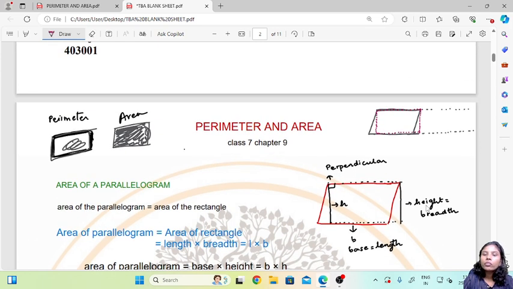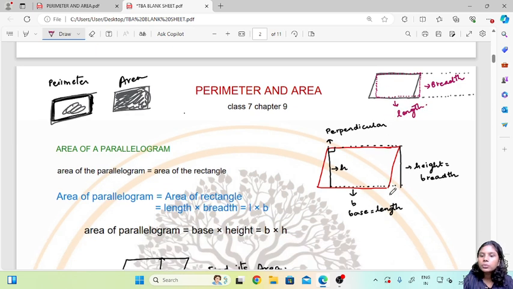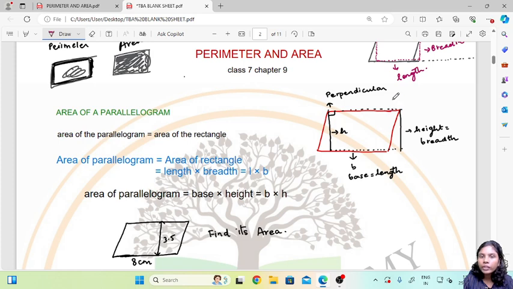So when we talk about the area of a rectangle, this becomes the breadth and this becomes the length. Now these same terms, when we talk about them in terms of a parallelogram, we say that this edge over here becomes the height of it.